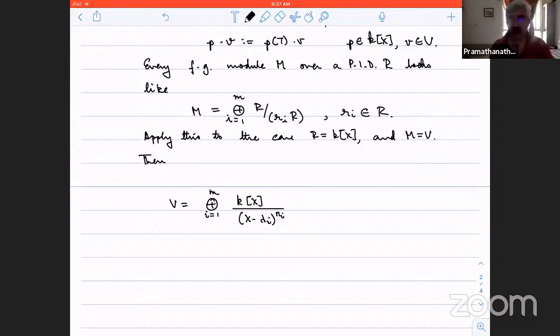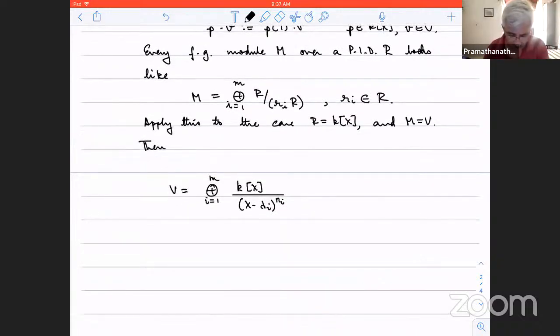I'm using the fact that it's algebraically closed. So any ideal can be broken up as linear factors, and then use the Chinese remainder theorem that the factors which correspond to one particular thing will look in a certain way. So anyway, it comes down to this.